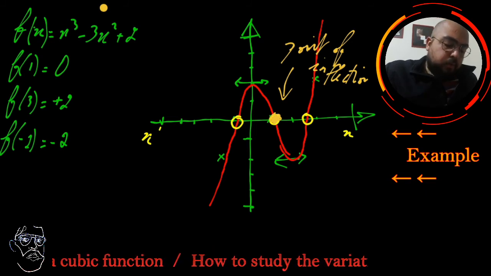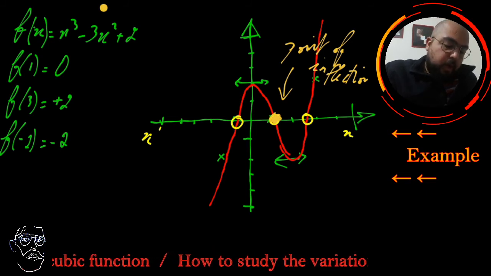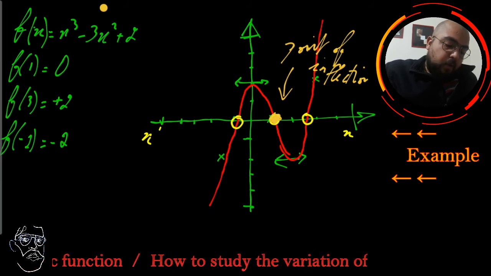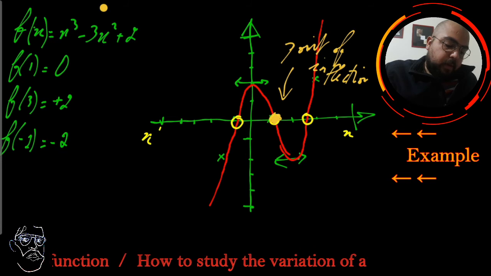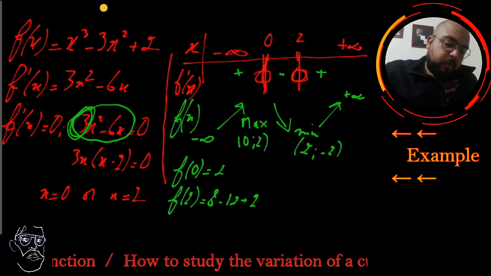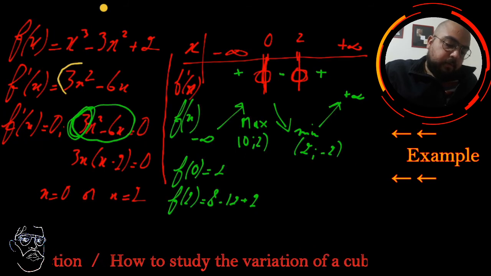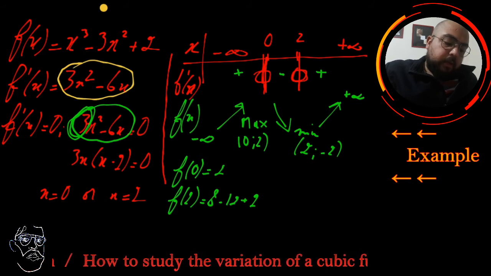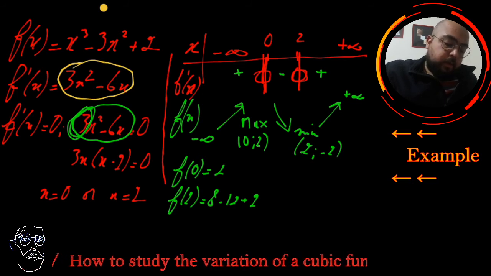You will have to do f double prime of x. So we will get back to f prime of x. This is f prime of x. You will have to calculate f double prime of x.